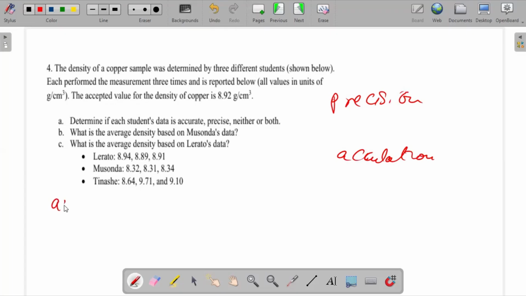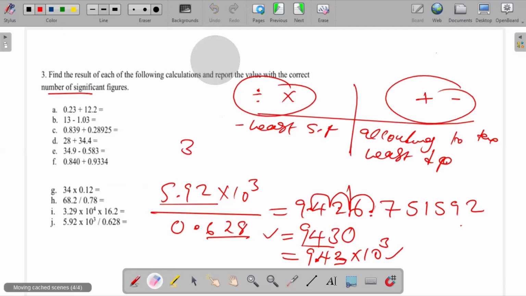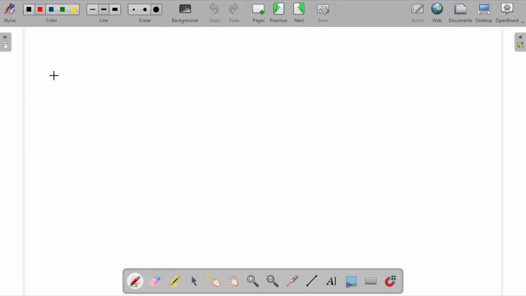You need to know what a quantitative measurement is and a qualitative measurement. What is a qualitative measurement and what is a quantitative measurement? A quantitative is numerical and the qualitative is non-numerical.